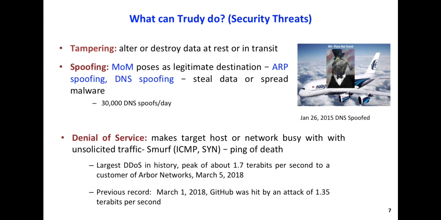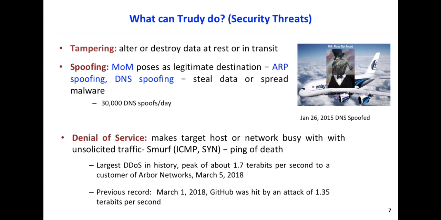The largest DDoS attack that has happened so far, I have not updated this for the last 6 months, but I'm sure that this must still be the largest, was 1.7 terabits per second of data being sent to a customer of Arbor Networks. So the system was so overloaded that it was not able to do anything else.